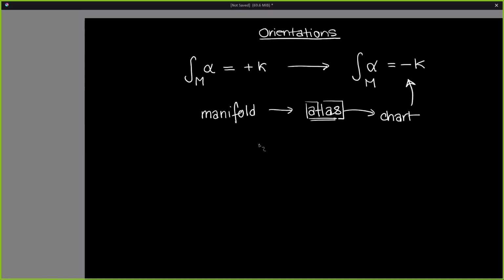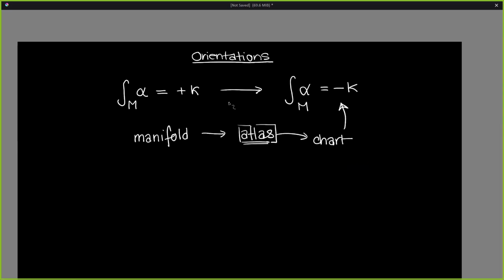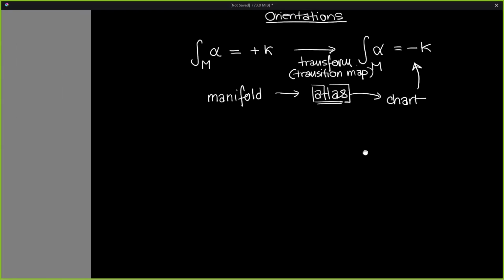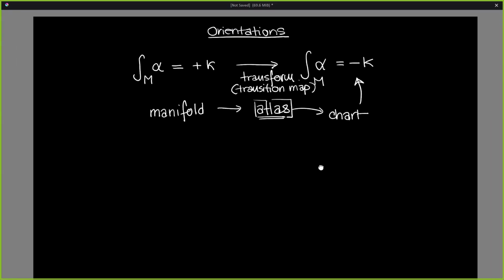So in order to do that, we need to define the orientation of the basis, so that the transformation matrix has a definite sign. You can think of that as the transition map between coordinates. So that's why we care about orientations.